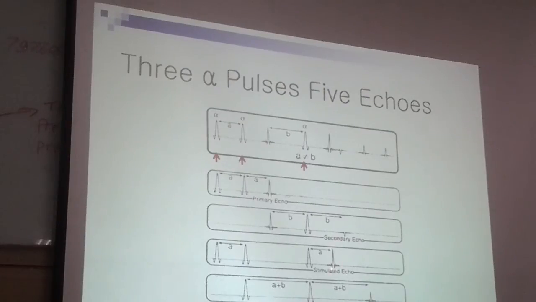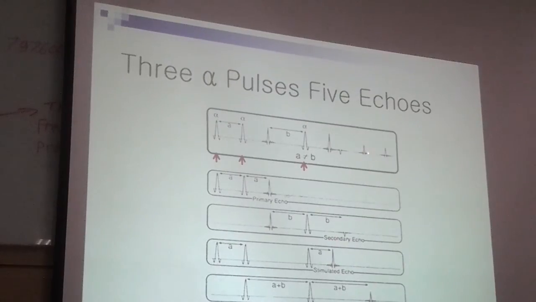The principle of the stimulated echo here is the same as before. The second and the third RF pulse also generate a different primary echo here. So this is the first, second, third, and the fourth echo.